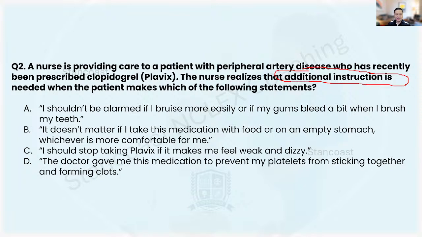Okay, a statement that will actually signify that the patient is misinterpreting or not understanding. They're just talking gibberish. Okay, so what is that? Guys, the nurse realizes that additional instruction is needed when the patient makes which of the following statements?